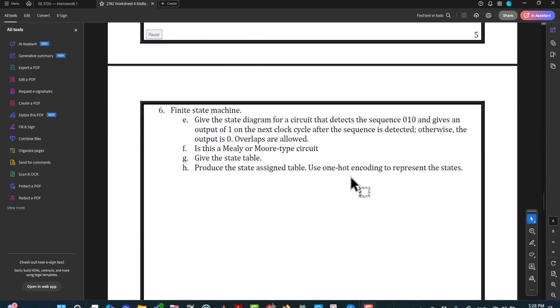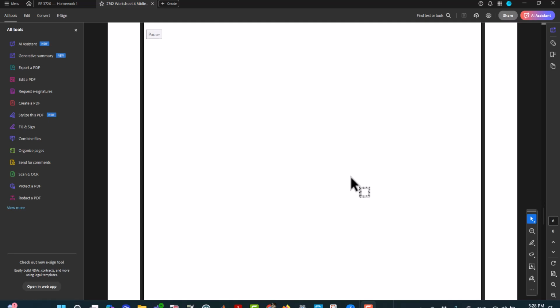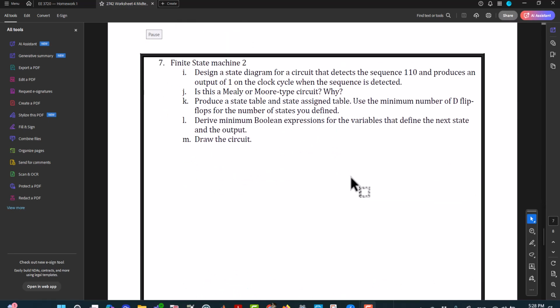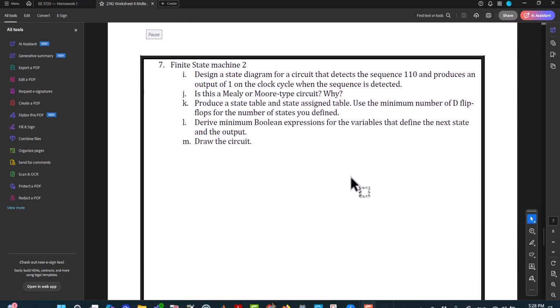So I'm gonna do, instead of doing this one, or actually, do I want to do this one? No, I'm going to make it a little different from this.